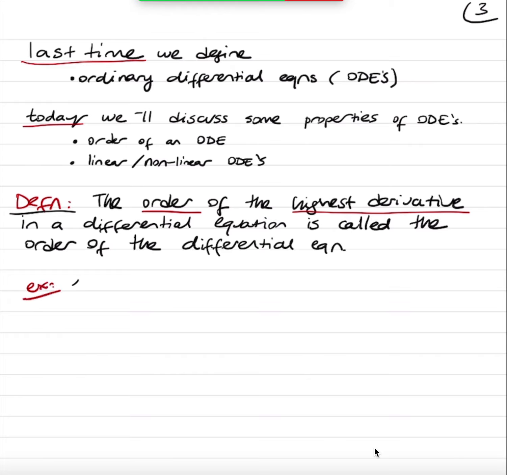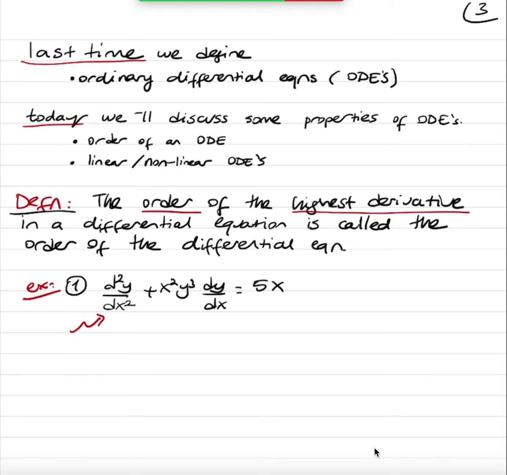So example first one. Let's look at this one: d square y dx square plus x square y cube dy over dx is equal to 5x. So this is a second order ordinary differential equation, because of this second derivative.